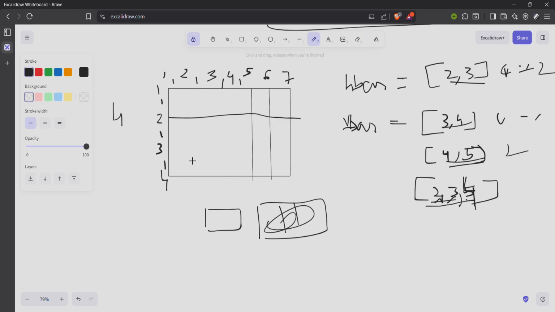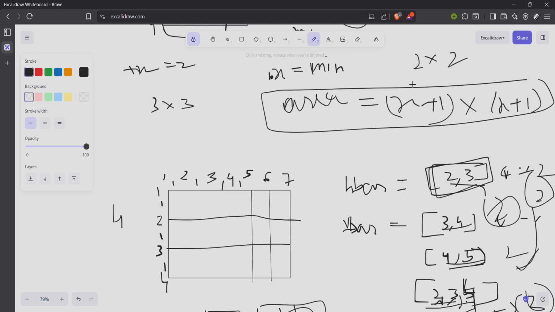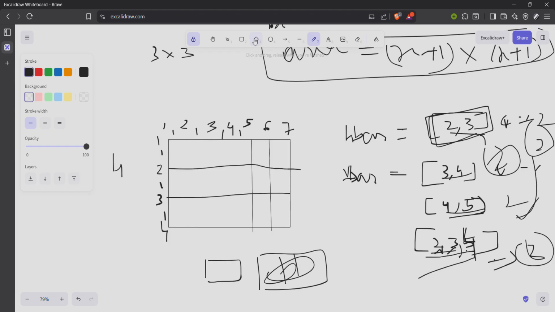But we are not capable of removing 3, because the maximum removable elements are 2 only, and the maximum consecutive for this also is 2, and for this the maximum consecutive is 3. So we take the minimum consecutive out of these, and then we remove that. So we would get the answer as minimum plus 1 cross minimum plus 1. That is the solution for this question.